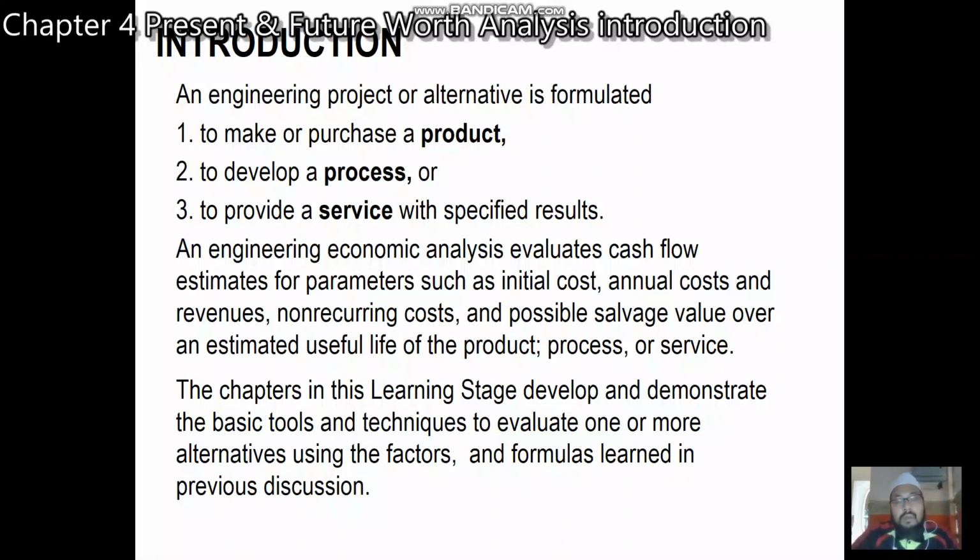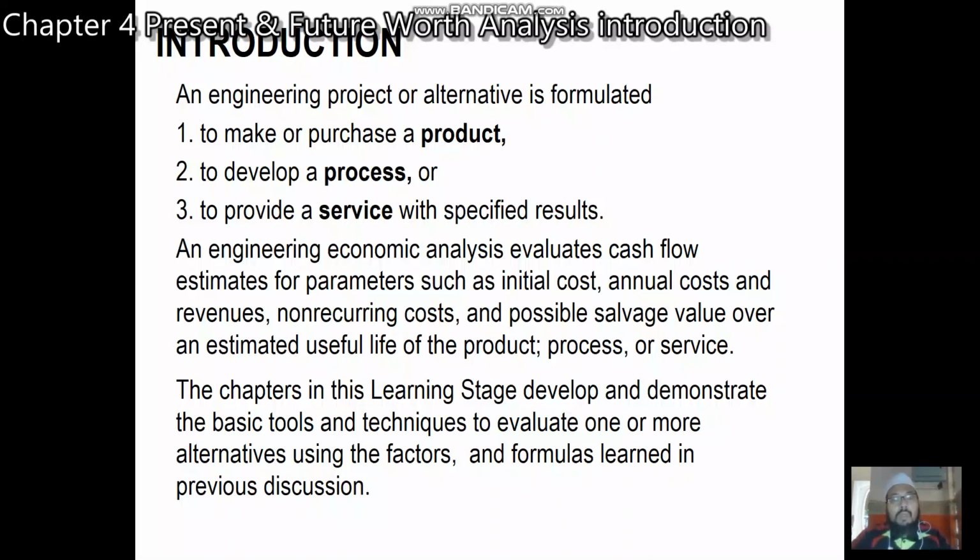Nowadays we have several alternatives to choose as our best option. An engineering economic analysis evaluates cash flow estimates for parameters such as initial cost and revenues, non-recurring costs, and possible salvage value of the alternative over an estimated useful life.